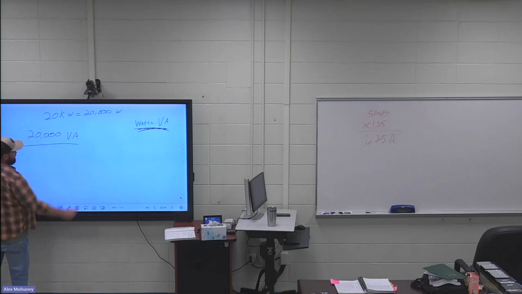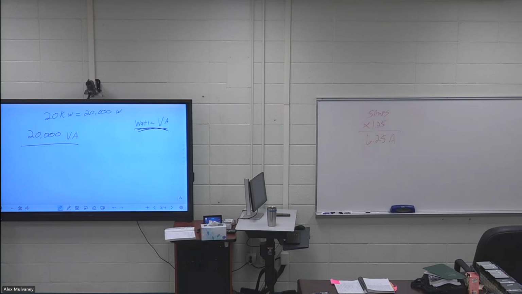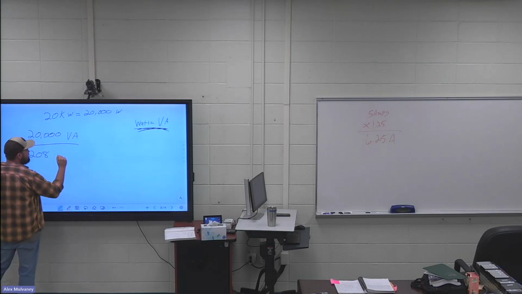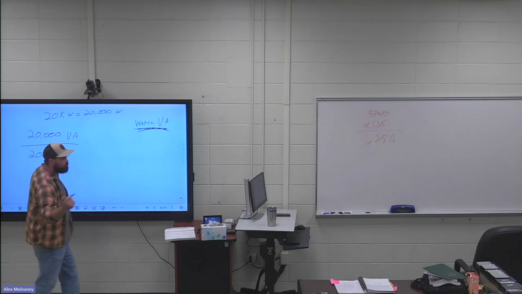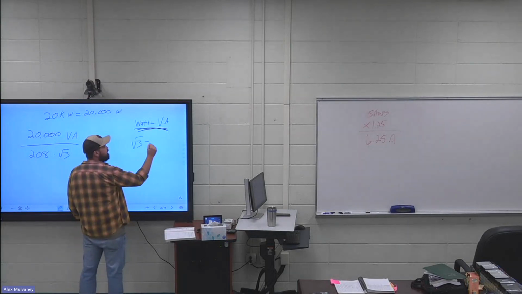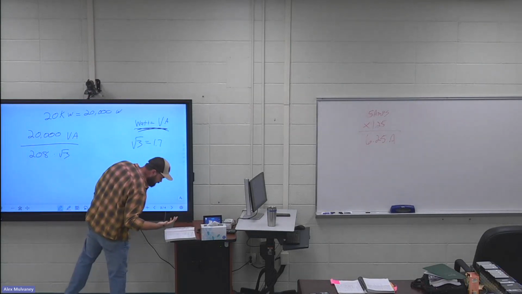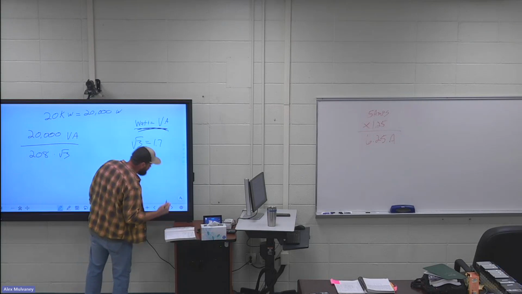So what's my voltage in the problem? 208 volts, but it is also 3 phase. So what do I have to multiply my voltage by? Square root of 3. All they're saying with that 1.7 is that the square root of 3 is equal to 1.732.